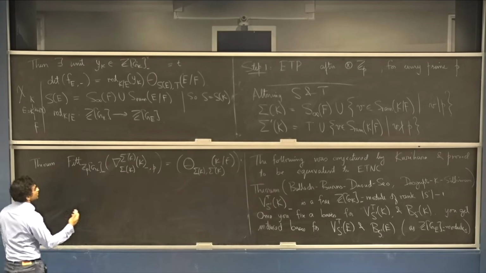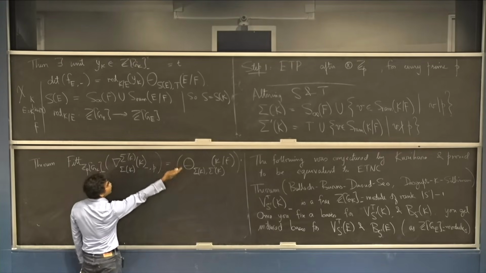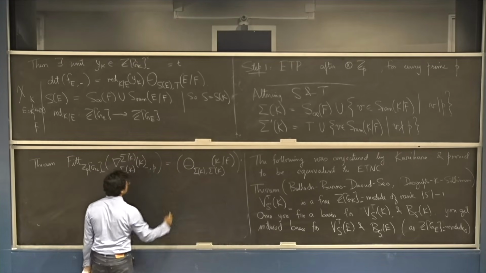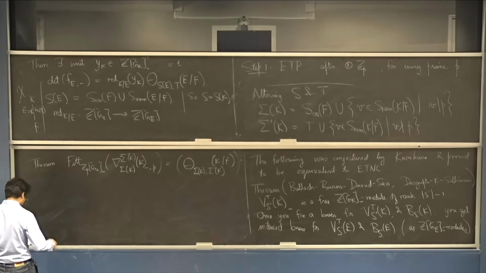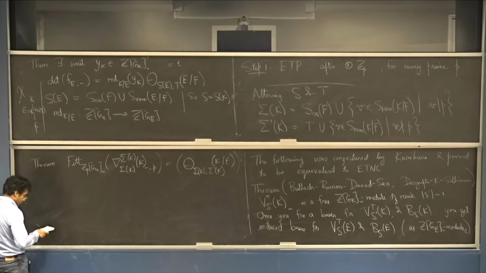All right. So if I want to deduce the ETNC from something like this, what goes wrong? It's easy to figure out what goes wrong.